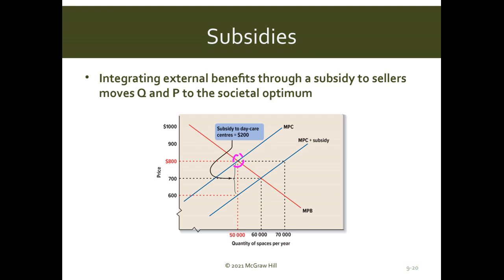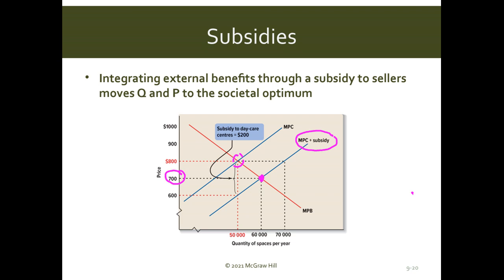Now, when a subsidy is given to these daycare centers, their cost will decrease, and now we have this marginal social cost curve, new supply curve. So the production will be at this point. Okay. Now the price is 700. This is equilibrium price. What is the meaning of equilibrium? Buyers and sellers are trading this product at this price, 700.